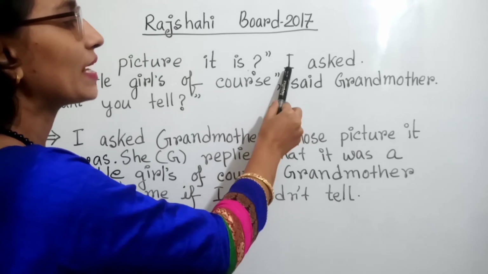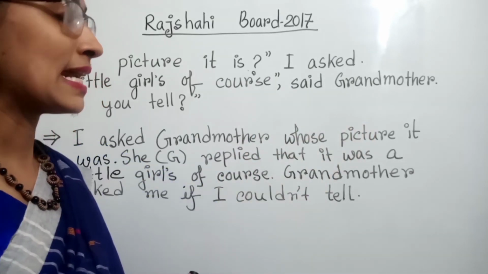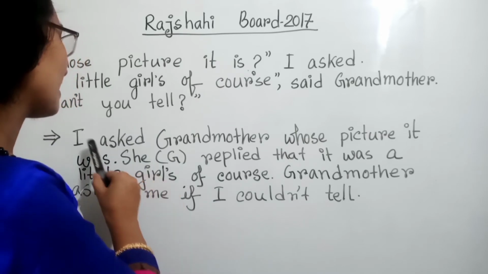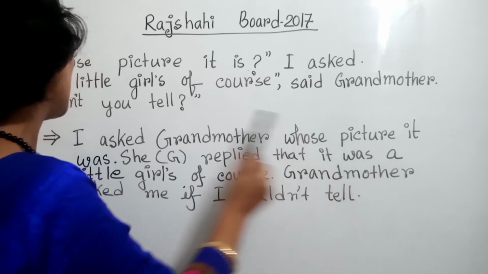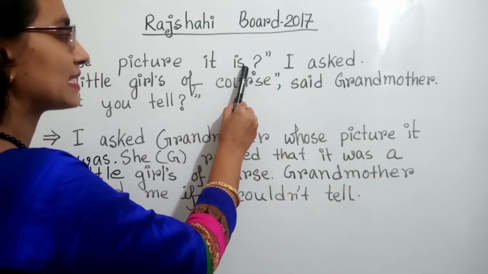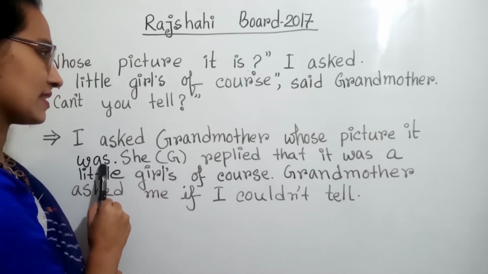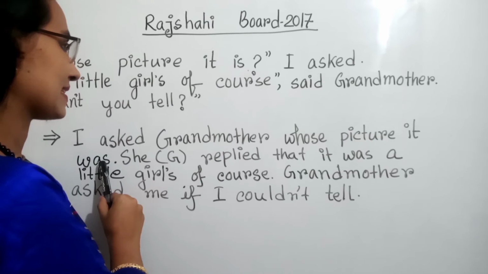And here the speaker is I and the listener is grandmother. That's why I wrote here, I asked grandmother whose picture it was. Here is present tense. I wrote here "was." I converted it from present tense to past tense.